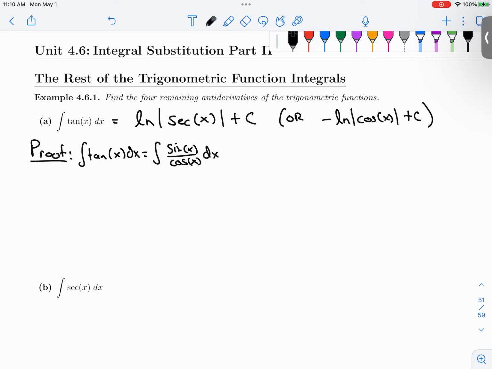So if we do this, then we'll make u equal to cosine of x, so that du is equal to negative sine of x dx.